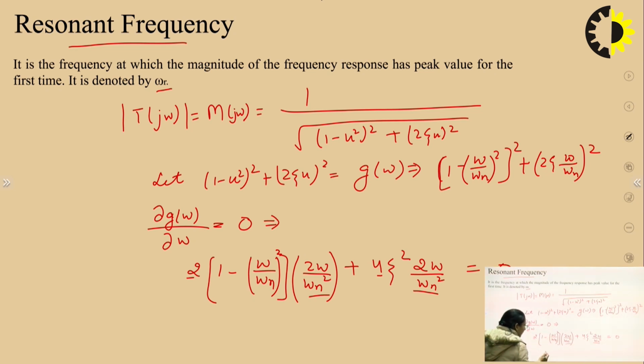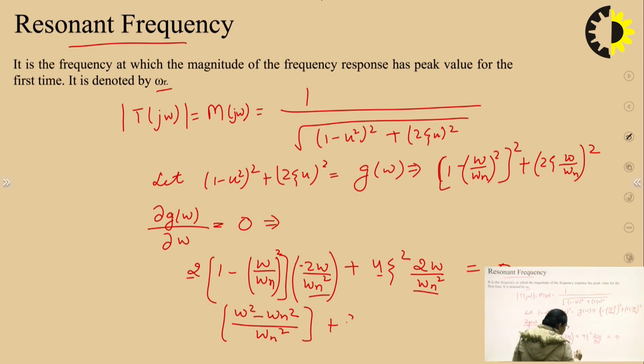So I'm left with this omega, see it's minus of omega squared, right? So this will become minus as well here. So taking minus common, and this left with 2 also taken common, this is (omega squared minus omega n squared) upon omega n squared, this is the common term, plus what is left here is twice of zeta squared equal to 0, right.